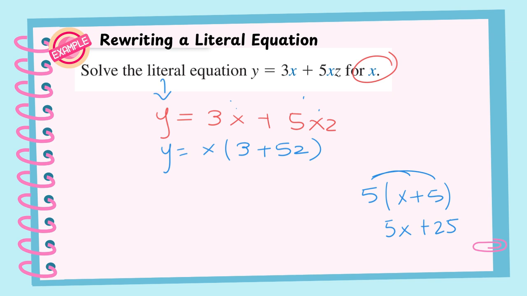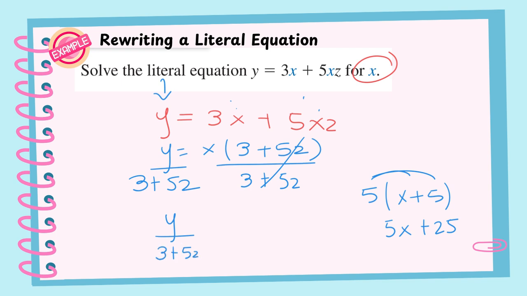Correct? And how can I get rid of it now to solve for x? You're going to divide by what? 3 plus 5z on both sides. Does this cancel out? And I'm left with y over 3 plus 5z equals x. And that's your answer right there.